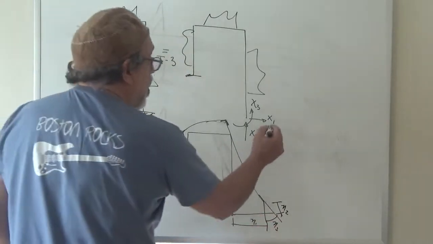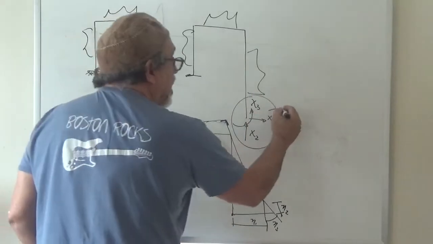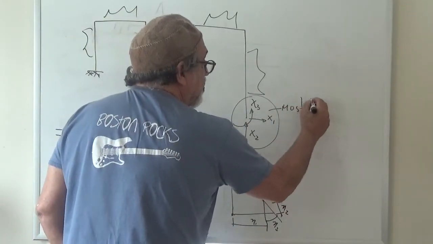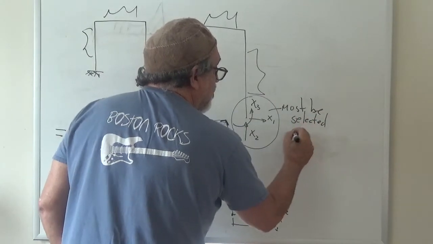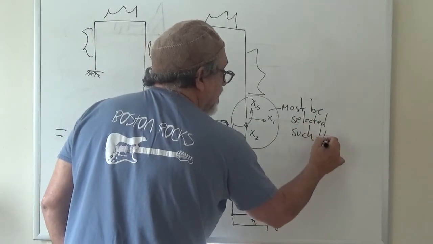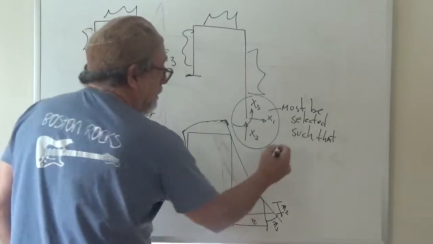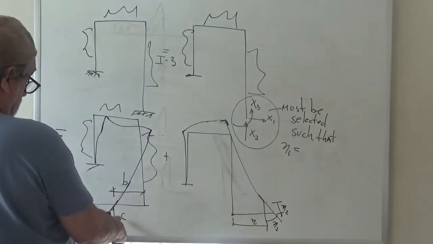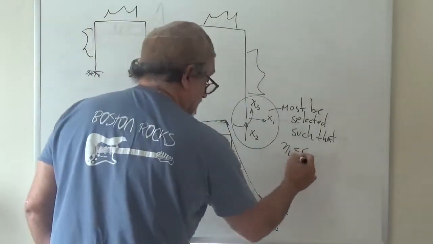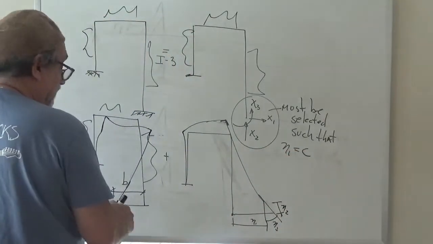So X1, X2, and X3 must be selected such that N1 is equal to C in absolute value so that they cancel.